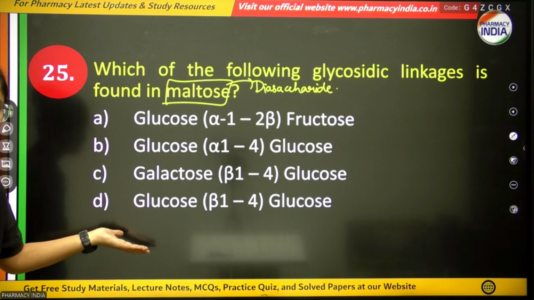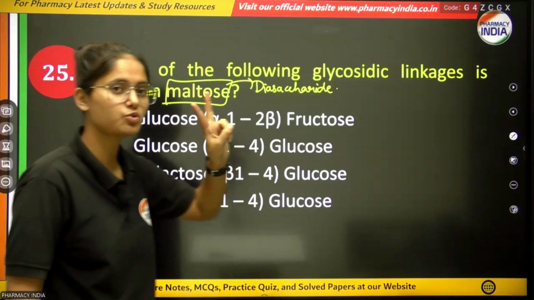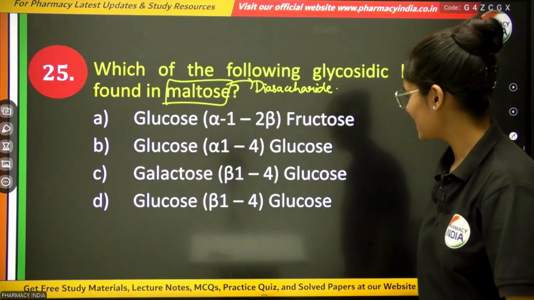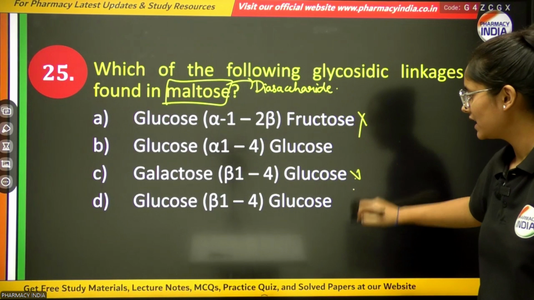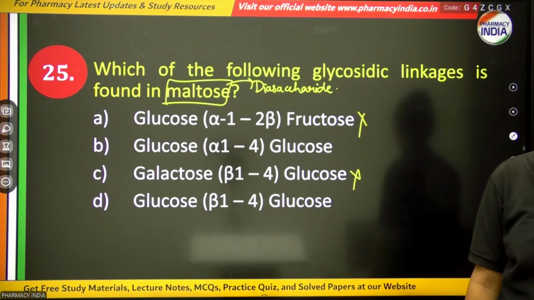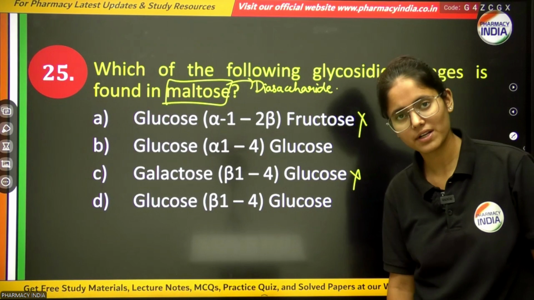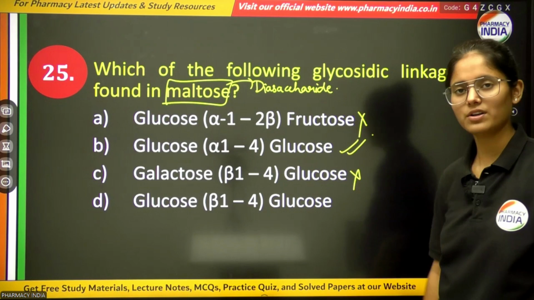Before coming to the options, you should know about the monosaccharide units found in maltose, that is 2 glucose units. So obviously the correct option will be B or D. Clear? Basically, the glycosidic linkage found in maltose is the alpha 1 4 glycosidic linkage. So the correct option will be second, glucose alpha 1 4 glucose.